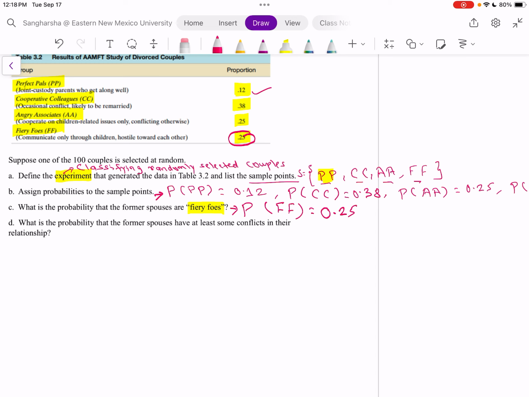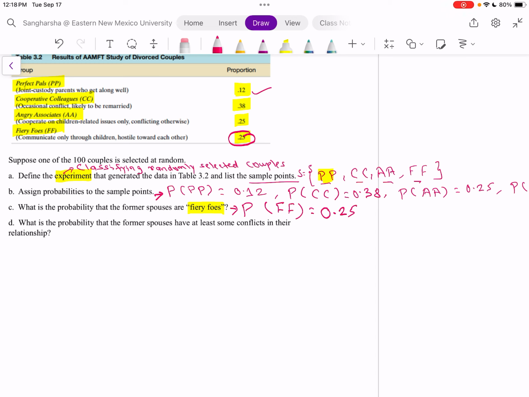Now, can you do number D? In number D, you are asked to find the probability that the former spouses have at least some conflicts in their relationship. Now, in what sample points are we interested here?